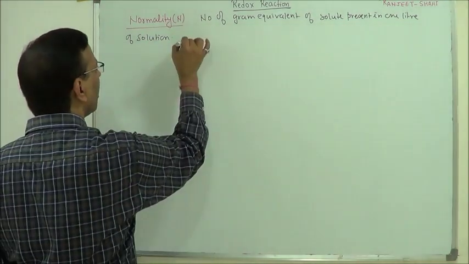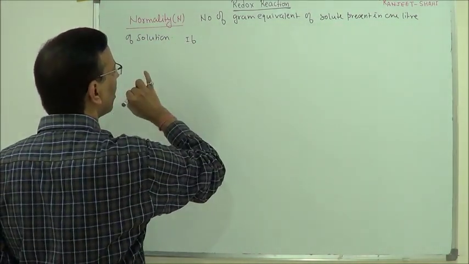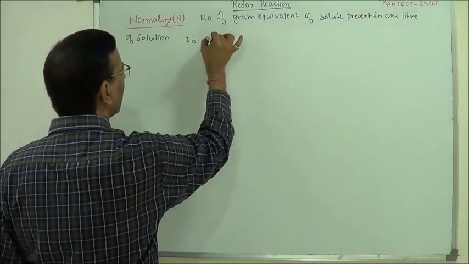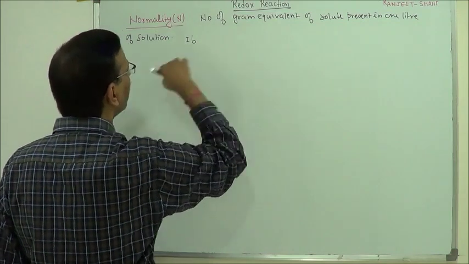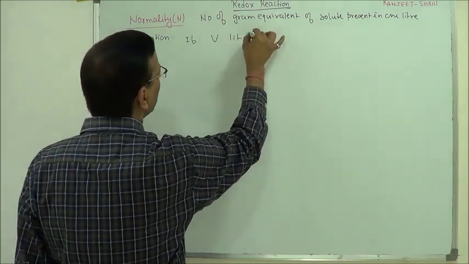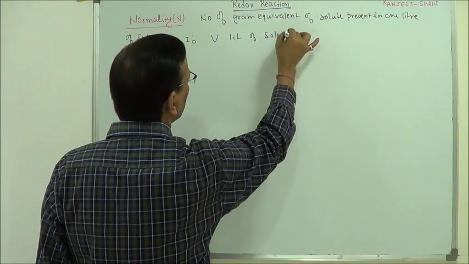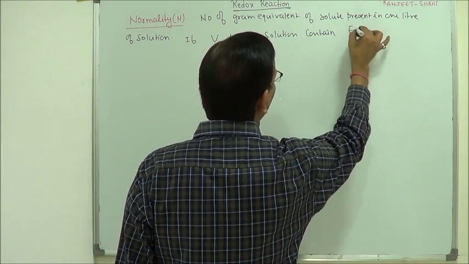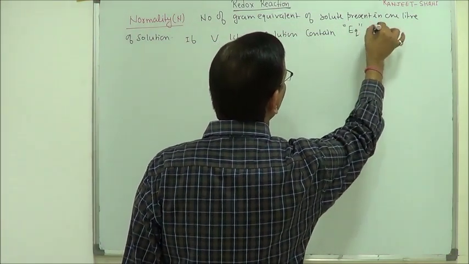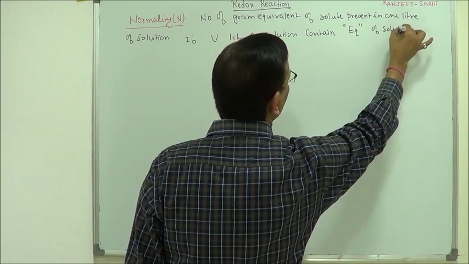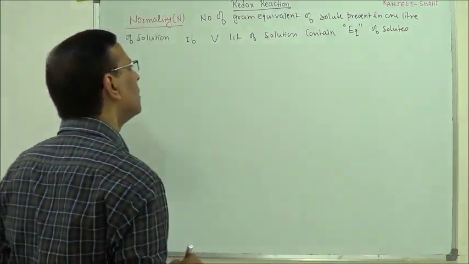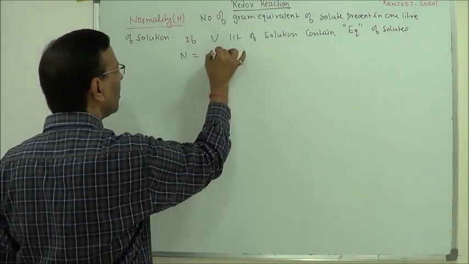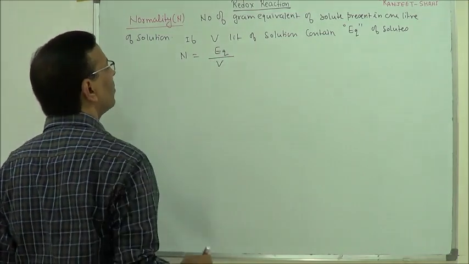So if V liters of solution contain EQ number of gram equivalents of solute, then we can say that normality will be the number of gram equivalents per liter of solution.